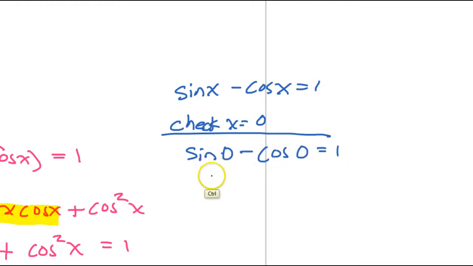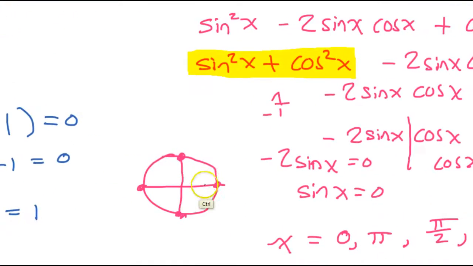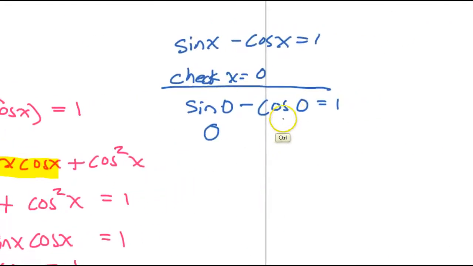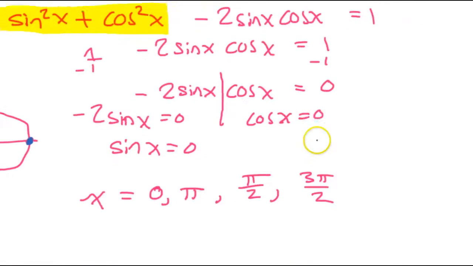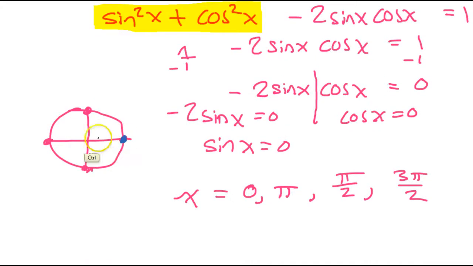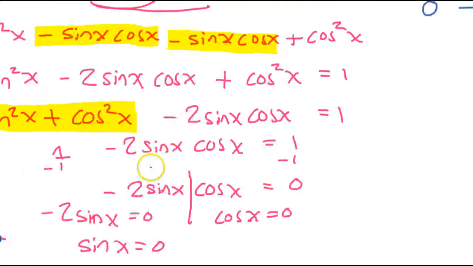Sine of 0 is 0, because at 0, the y value is 0. Cosine of 0 is 1, because cosine is the x value, and the x value is 1 right here.